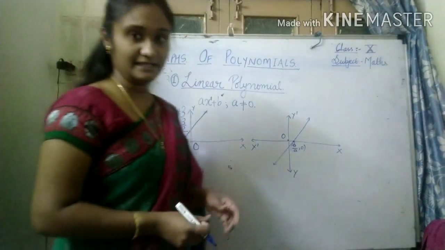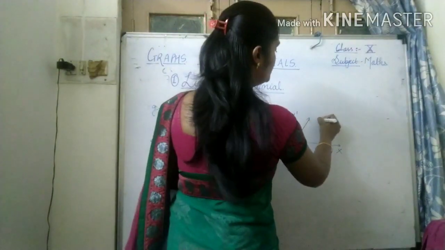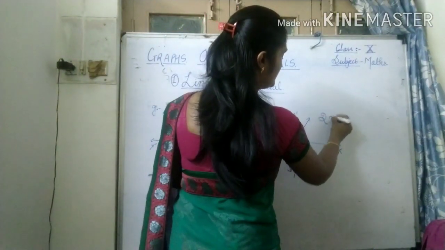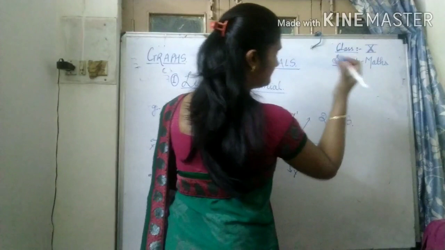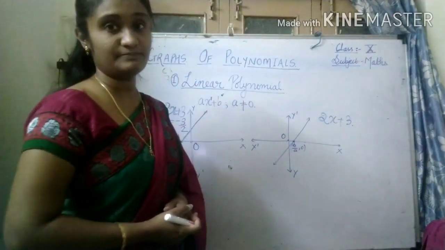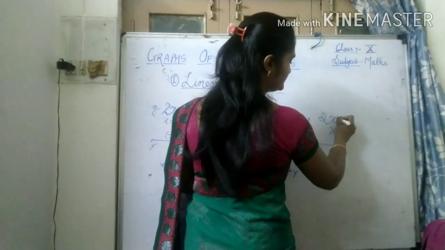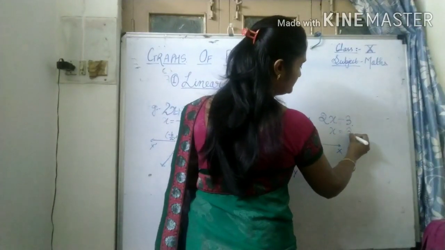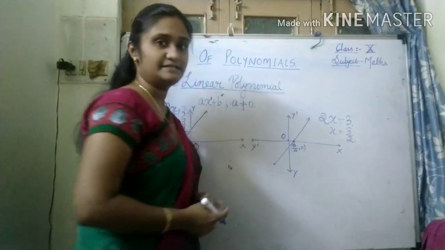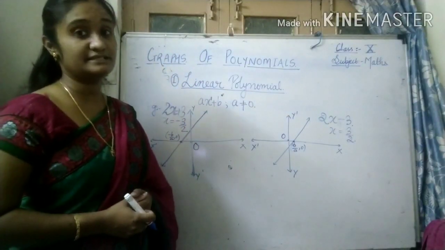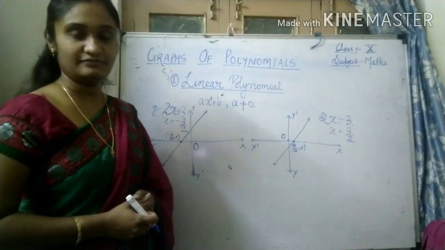And if I take another example, for example, 2x minus 3, and if I try to get the zero of that polynomial, 2x minus 3 equals 0, x will be equal to 3 upon 2. As you can see, here I am going to get a positive value for x.